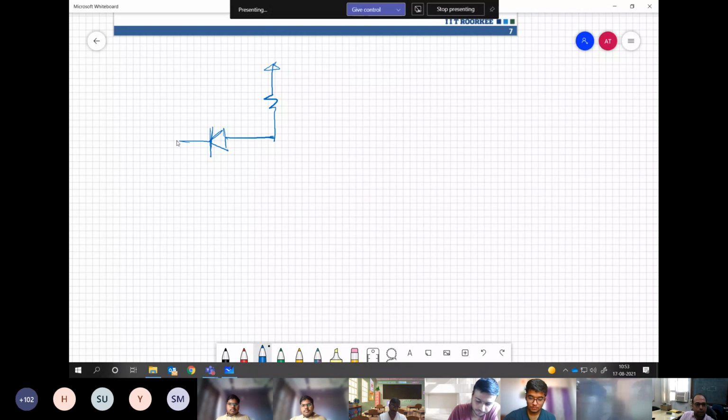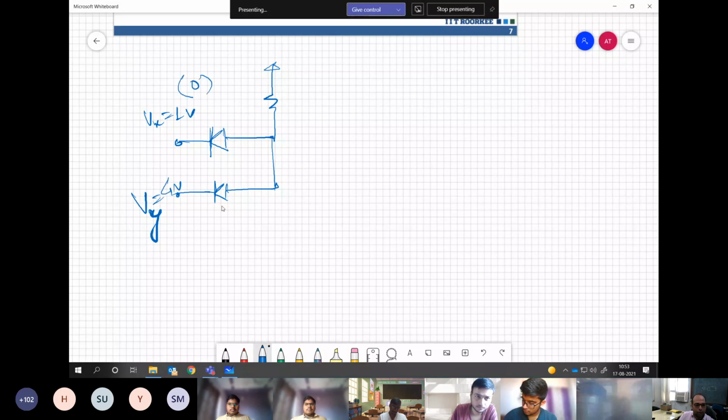Let's say I give only 1 volt over here and I give 4 volts over here. Now this is logic 0 and this is logic 1, and we are trying to see what VZ is.